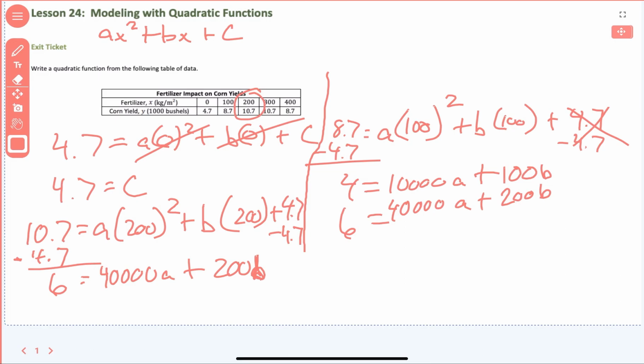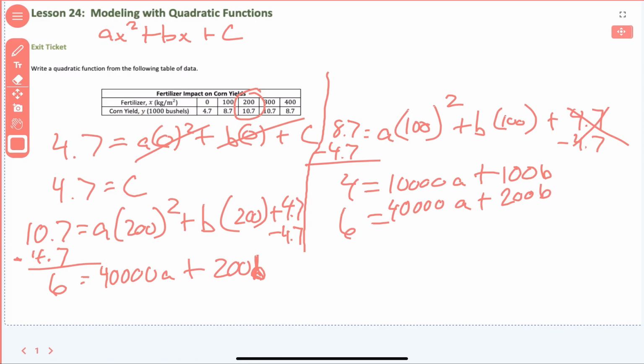It does take a while. So, probably what I would do is eliminate B so we can solve for A. Everybody good with that? How am I going to eliminate B? We can't just subtract; we have to do something first.